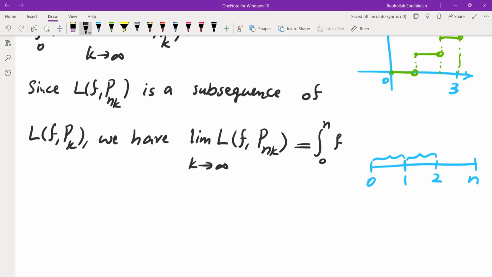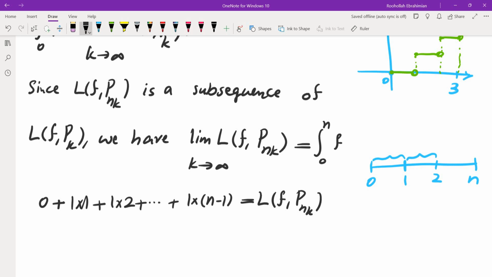So eventually what you're going to get is, for the first one you get 0, and then for the second one you get 1 times 1, and then for this third batch you get 1 as base times 2, and the last one would be the base 1 and height n minus 1. This would be the lower sum.